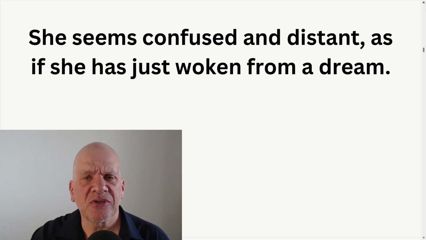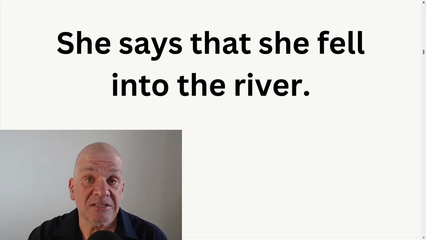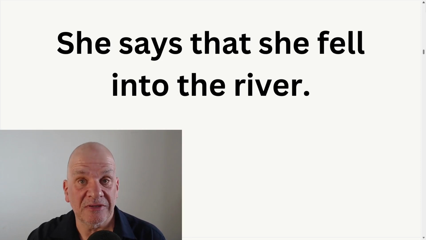She seems confused and distant, as if she has just woken from a dream. 8. What reason does the girl give for being soaking wet? She says that she fell into the river.